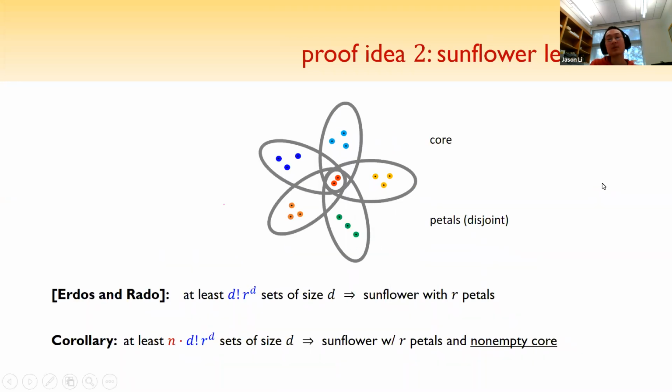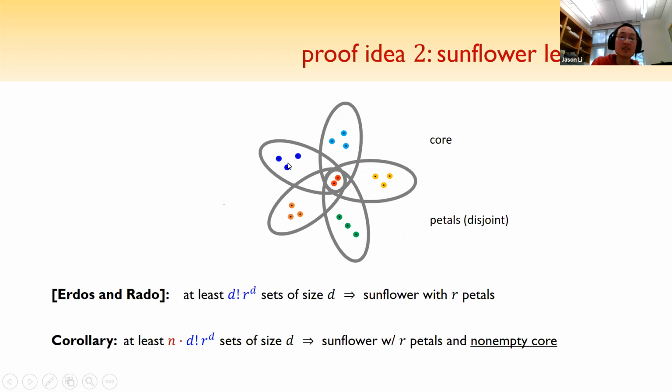The second tool we're going to use is this notion of sunflowers in extremal combinatorics. So what is a sunflower? A sunflower has a subset of elements called the core, and then another set of elements called the petals, where each set in the sunflower is just the core union a petal.